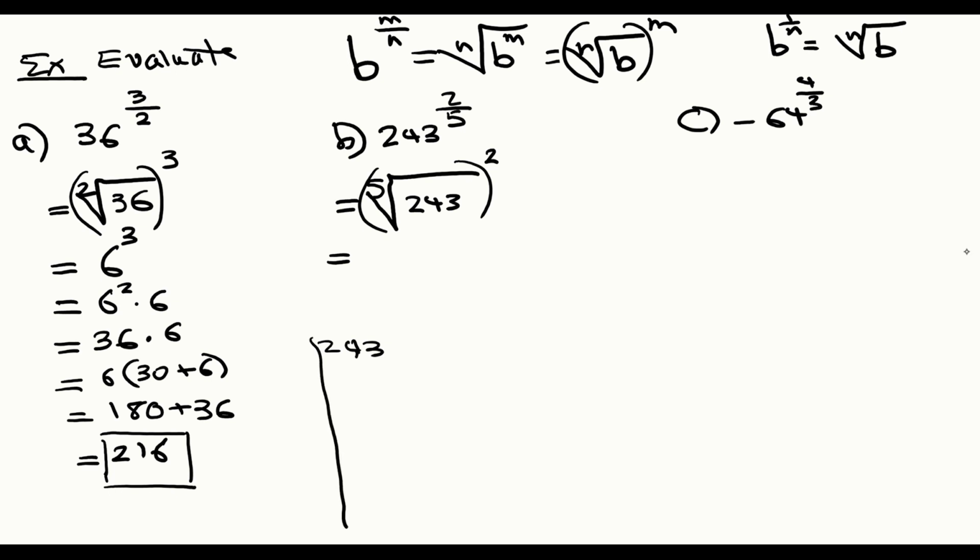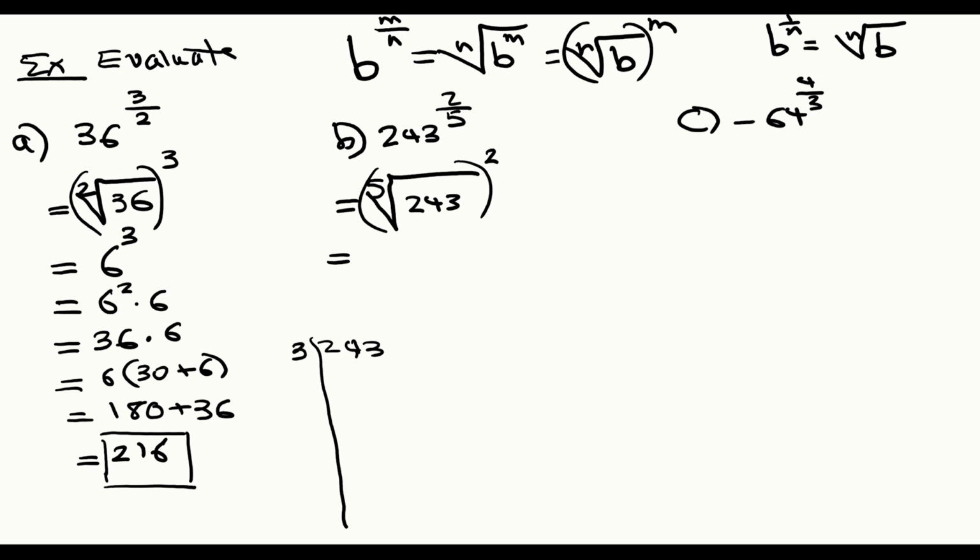And we know that 2 doesn't go into it, but we notice that 2 plus 4 is 6, and 6 plus 3 is 9. So we know this number is divisible by 3, because remember, that's the divisibility rule. If the sum of the digits of a number are divisible by 3, so is the number itself. So we go ahead and start with 3.